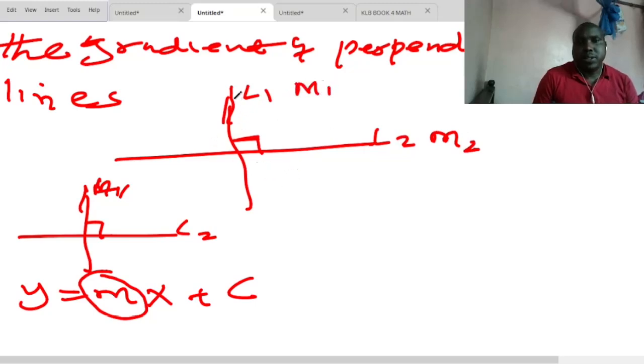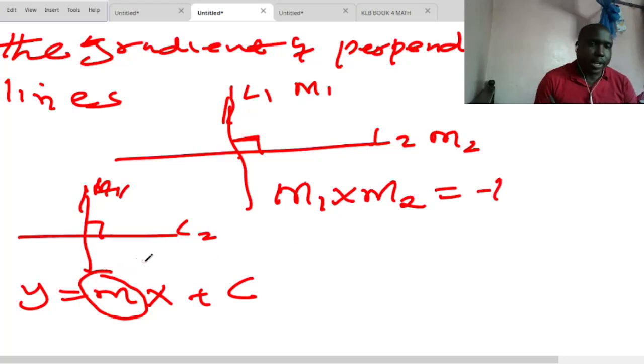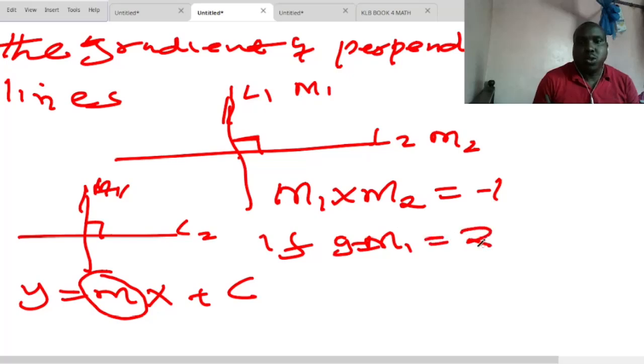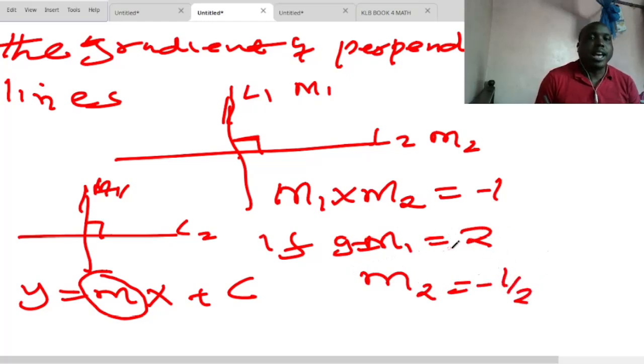If they are perpendicular, then m1 times m2 should be negative 1. So if the gradient m1 is equal to 2, then m2 should be negative 1 over 2, the reciprocal of the other.